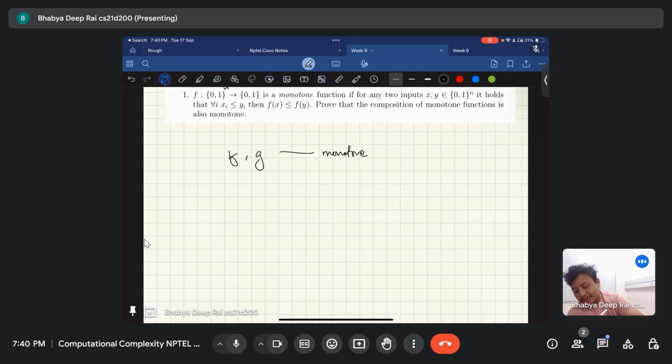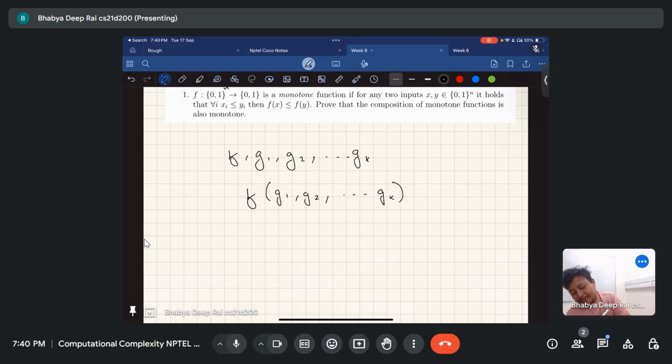Actually, not just g. Maybe you take several functions, f and g1, g2, and so on till gk, and do f of g1, g2, and so on till gk, because these gk are single output functions.